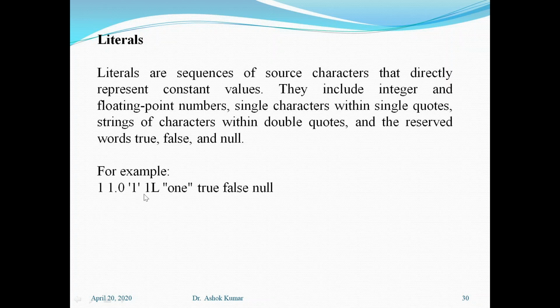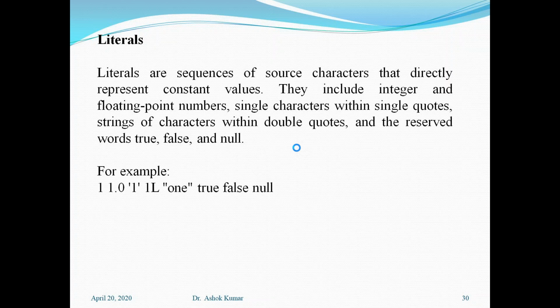A collection of symbols or alphabets or numbers included in double quotes is treated as a string literal. True is a Boolean literal, false is also a Boolean literal, and null is a reference literal. We are going to discuss the literals in more detail in the coming slides.